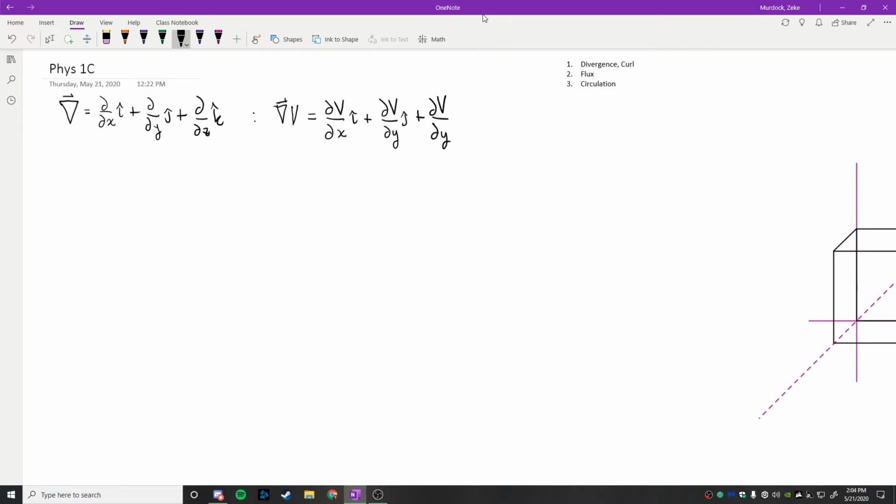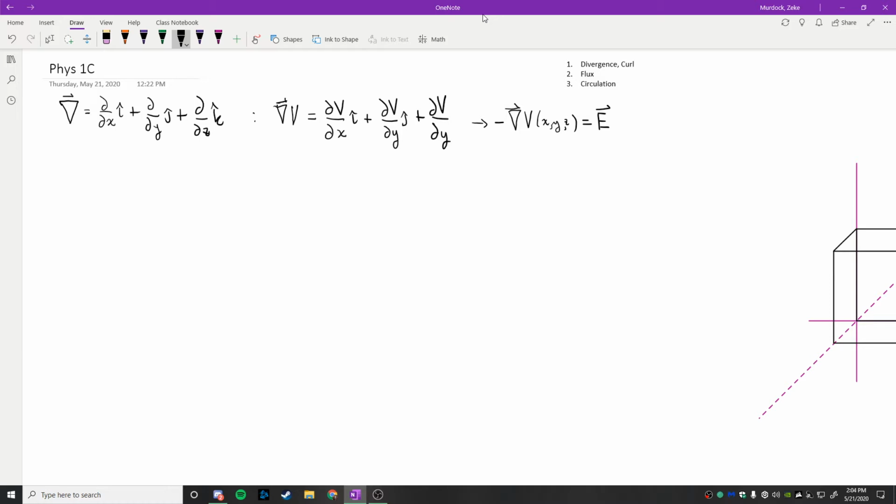Now, in Physics 1C, we learned that this operation is actually related to the electric field. If I take the gradient of a potential function of x, y, and z, then this is equal to, and the negative sign usually goes over here, the negative of the electric field.